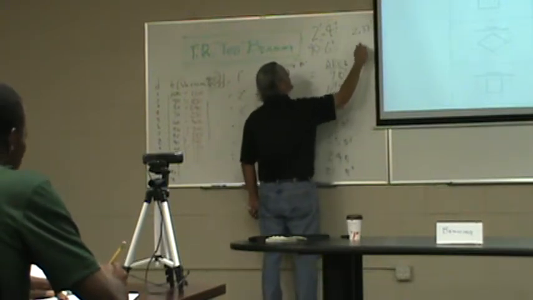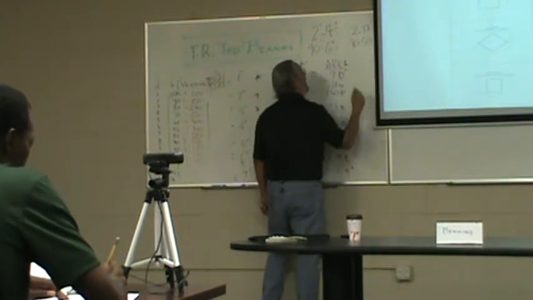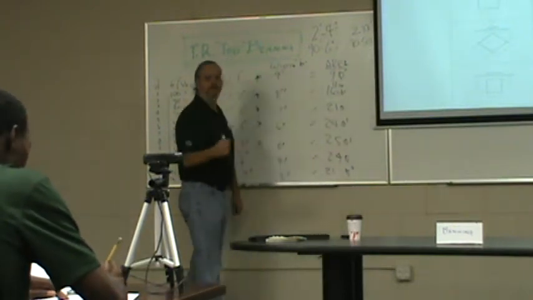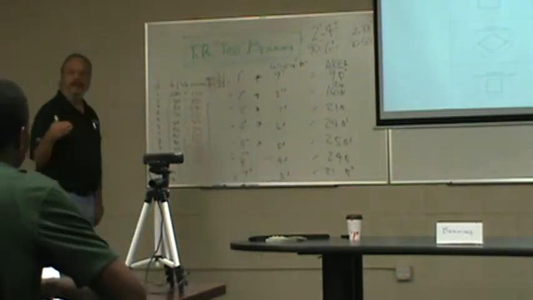What's 6 inches? 0.50, so 90.5. So to get the area, I would multiply 2.33 times 90.5.